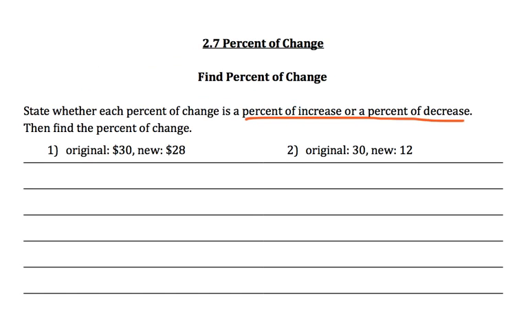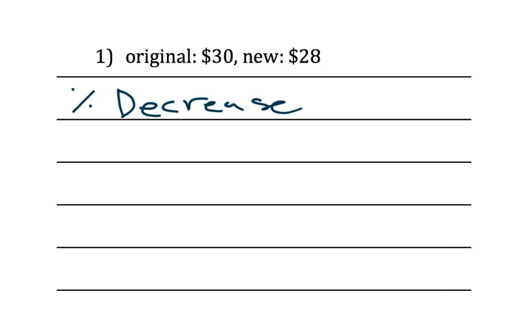And then next it tells us that we have to find out what the percent of change is. And the way that we'll do these, we'll figure out, well, how much did it change to begin with? So humor me by writing this for these early ones. Well, it was 30. Now it's 28. And no matter what, it's good to just subtract those numbers from whichever one's biggest.